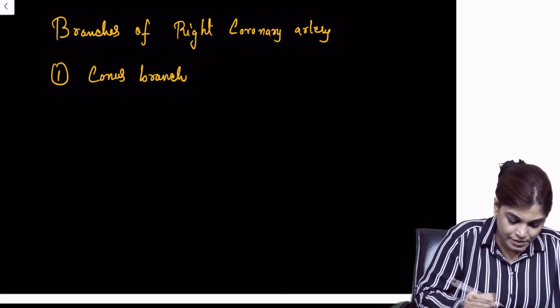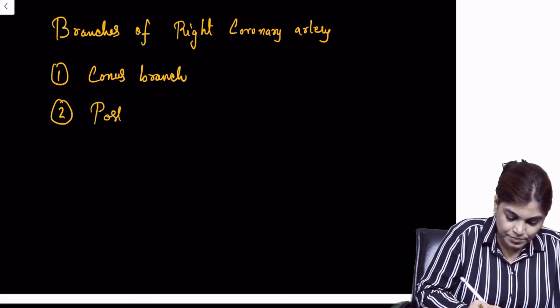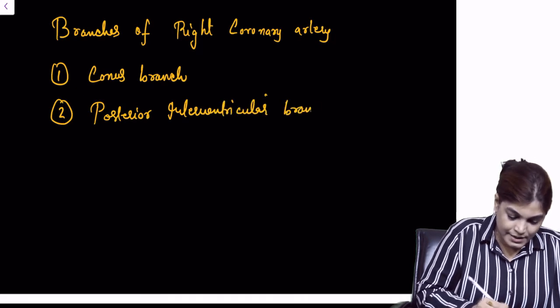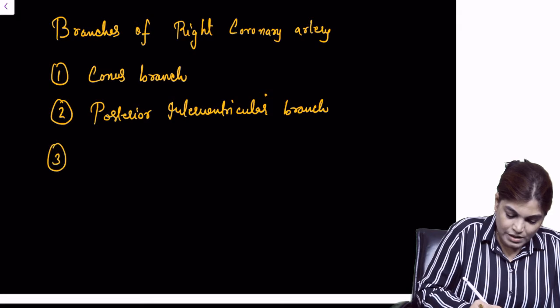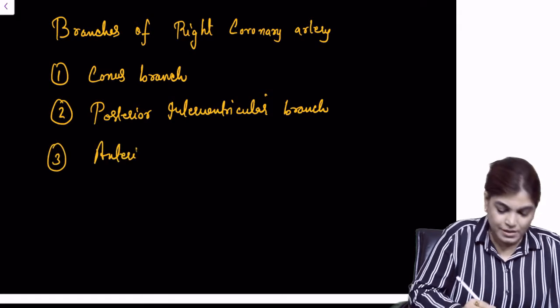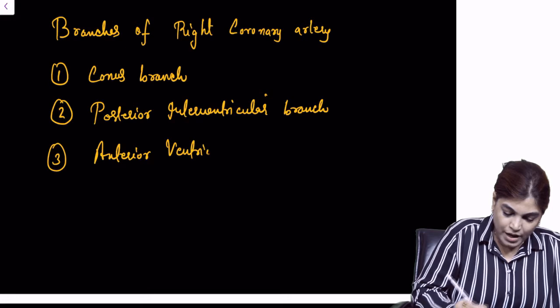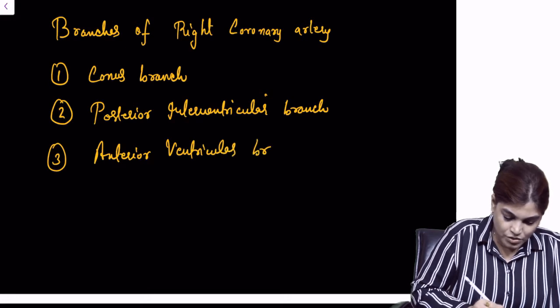It gives the posterior interventricular branch. It gives the anterior ventricular and posterior ventricular branches.